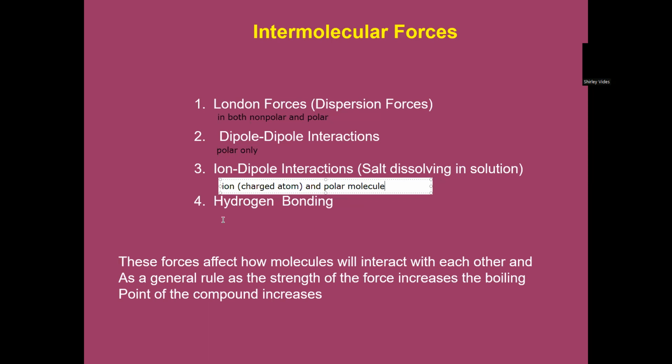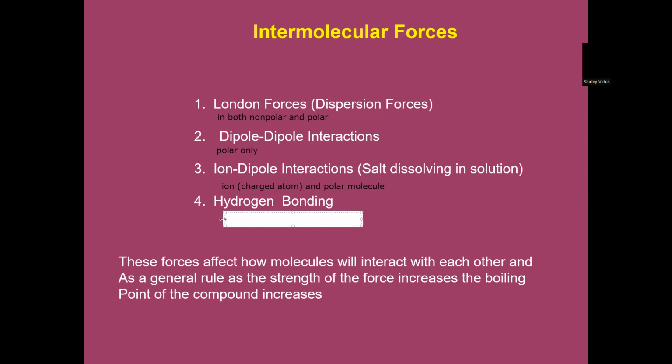Doesn't necessarily have to have polar, but it has to be charged. Hydrogen bonding, again, it has to be only polar, and only if the hydrogen is bonded to either oxygen, fluorine, or nitrogen. Okay? All right. So that's the summary of all of these.